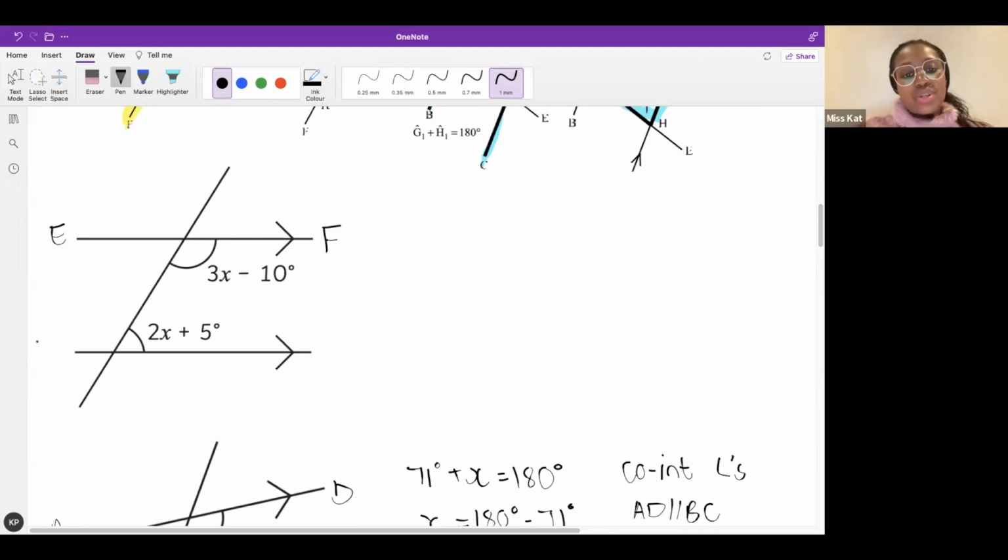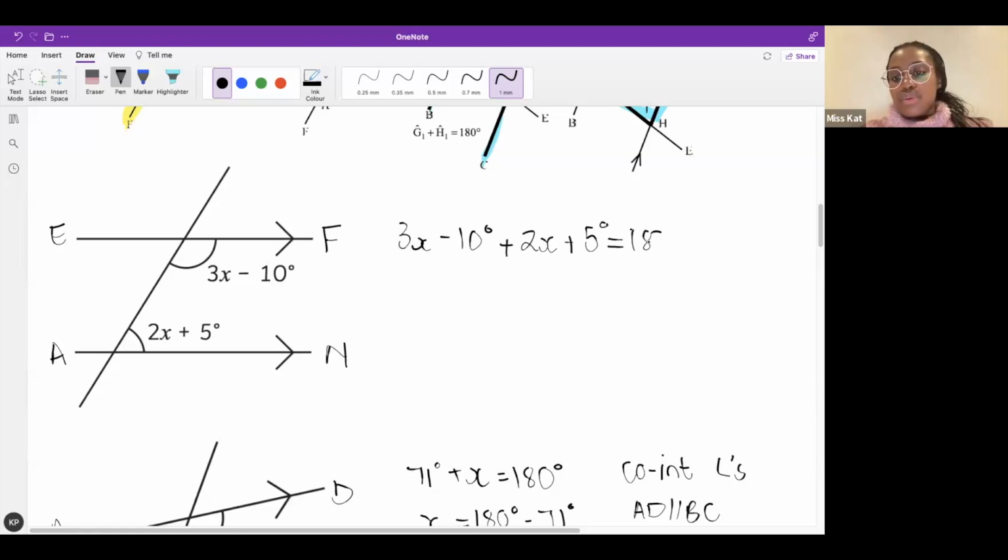Let's do this one. Who's going to do this one with me? Siyamthanda. Yes, yeah. Hello, ma'am. Hello, Siya. Ma'am, can I do that one with you? Let's do it. So first we're going to say 3x minus 10 degrees plus 2x plus 5 degrees equals 180.